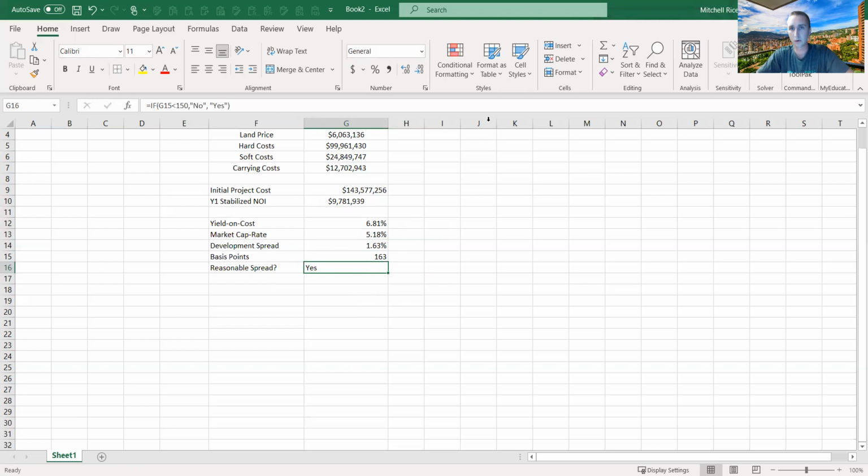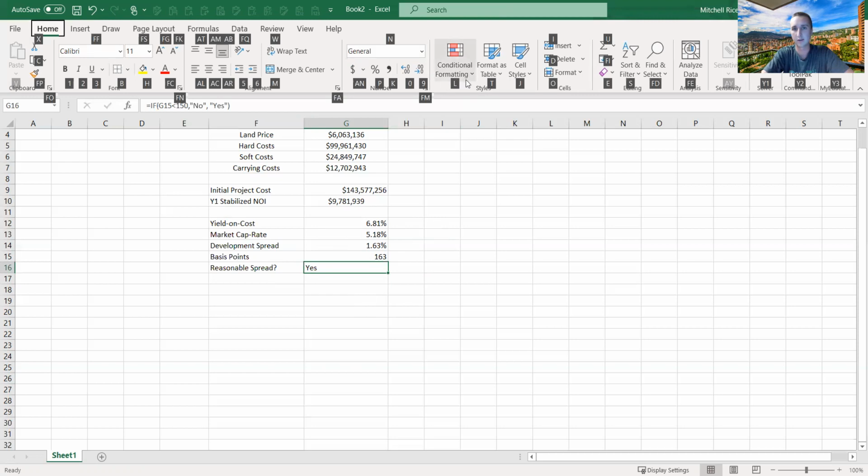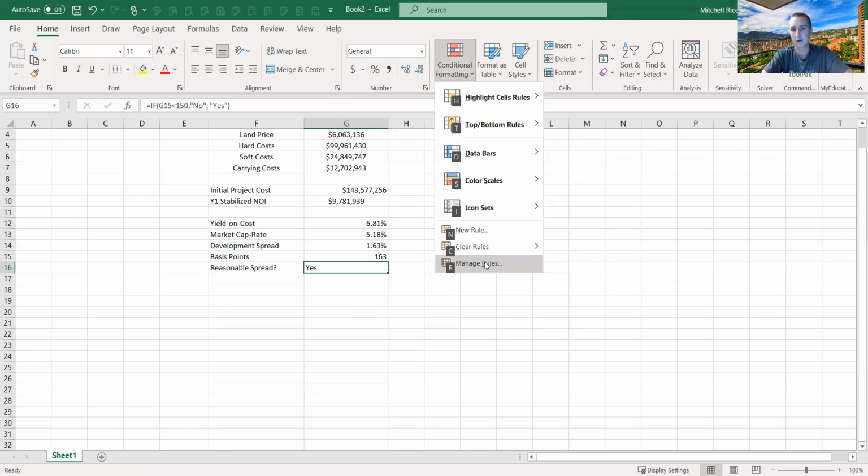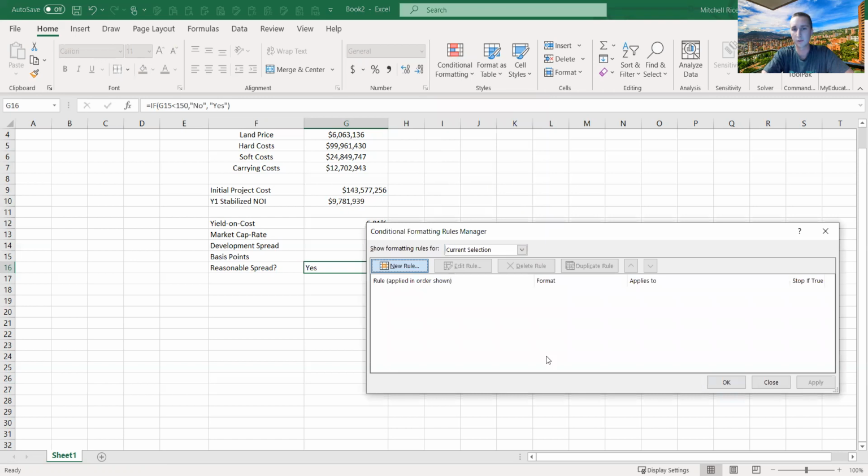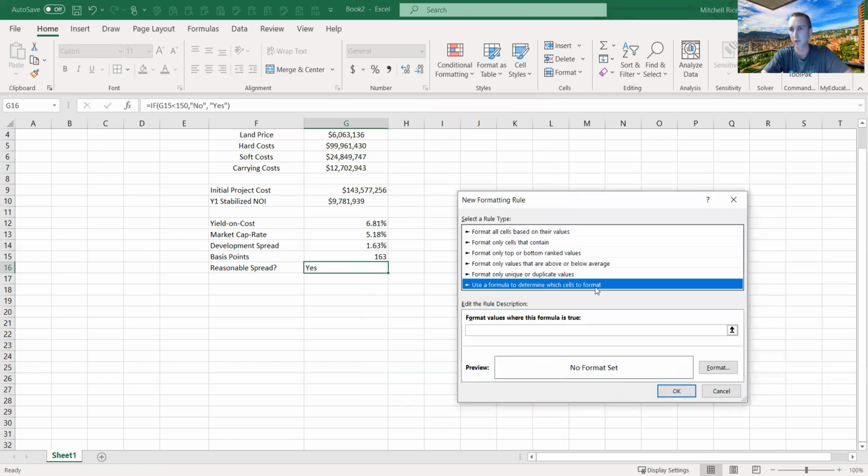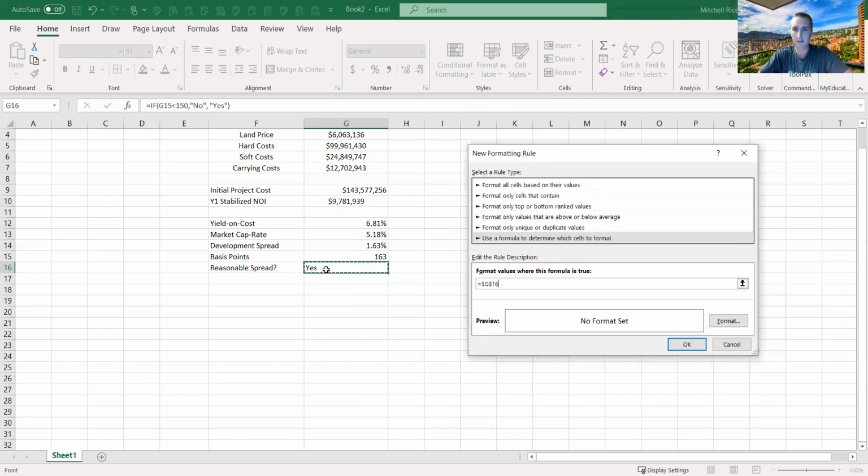A cool little trick is you can press Alt H, then L, manage rules, R. And then we can make a new rule for this. Use a formula to determine which cells to format. We go down here, equals, and we choose the cell we want to format, equals, and we give it a parameter.